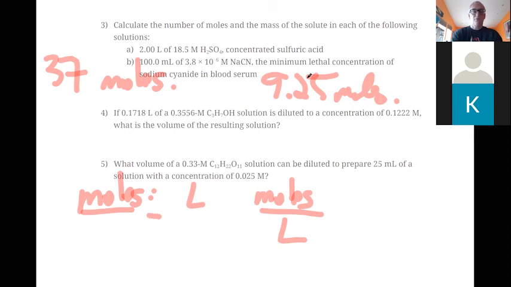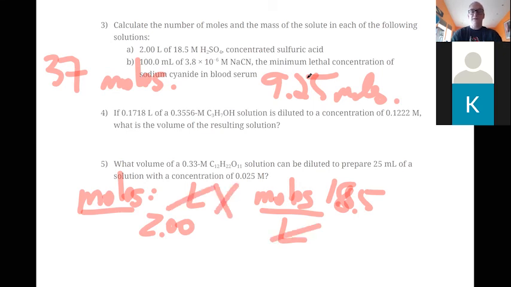So here we have 2.00 liters and we have 18.5 moles per liter. So what do we do with those 2 numbers if we want to get moles at the end? Multiply. Right, you want to multiply those 2. Gets rid of liters and you're left with moles. So when we multiply them, we do get 37, but that's not the right answer. How come?